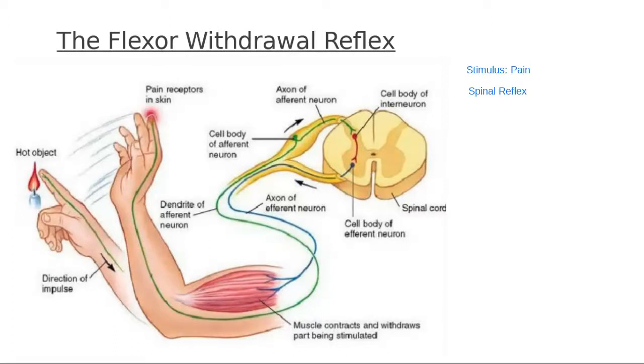Yep, it's a spinal reflex. Monosynaptic or polysynaptic? What's going on with this one? This is another polysynaptic. Oops, spelled that wrong. And is this ipsilateral or contralateral? Yeah, ipsilateral.